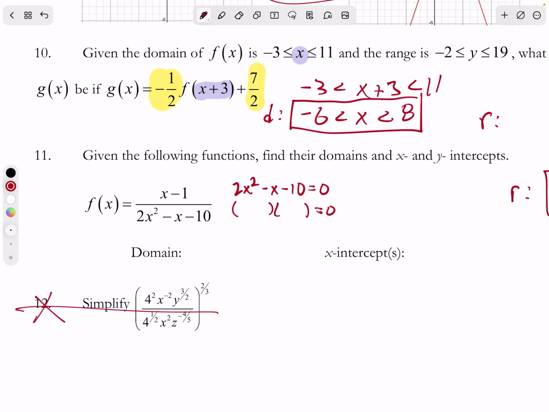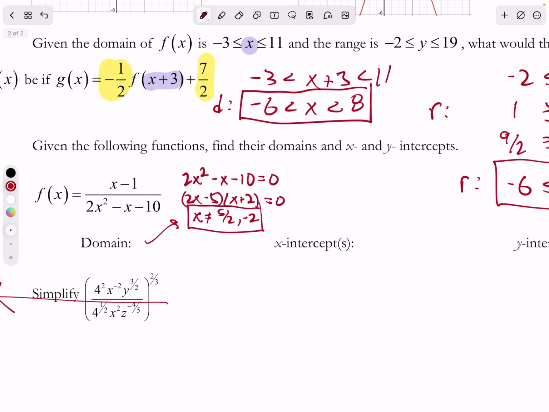This looks like it can be factored. 2x and x, 2 and 5, minus plus. So the thing that makes either of these factors equal 0 would be 5 over 2 or negative 2. And for that reason, we exclude them from our domain. We don't want the denominator to equal 0 because that means we're dividing by 0. That can't be done. Okay, so my domain is there.